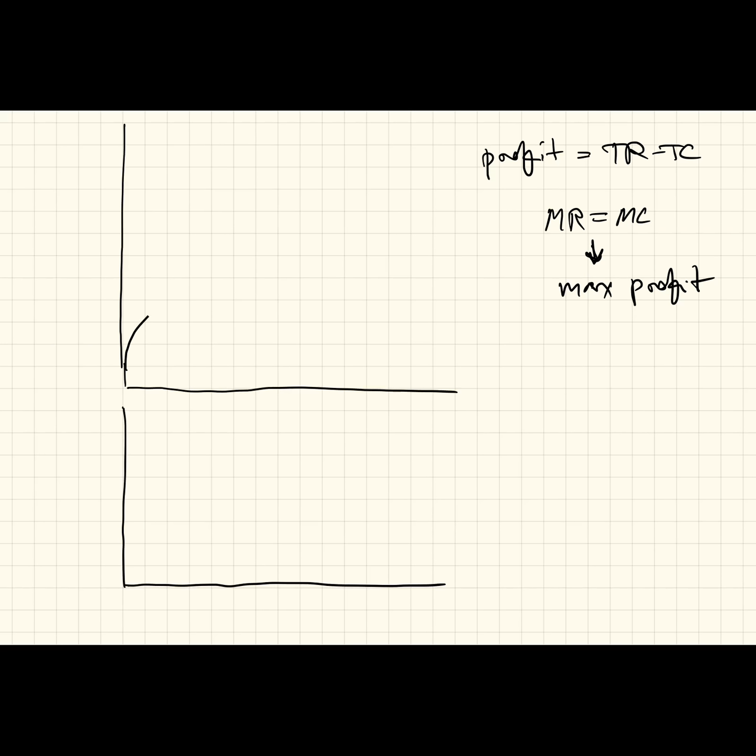Let's draw total cost and total revenue. So total revenue is a bell-shaped curve, but we're only showing that left half of it.